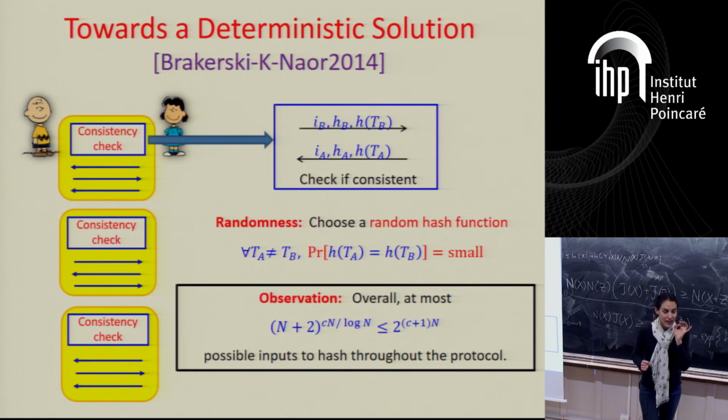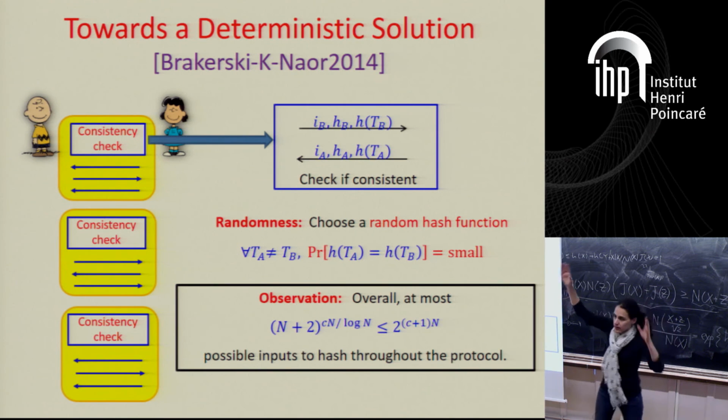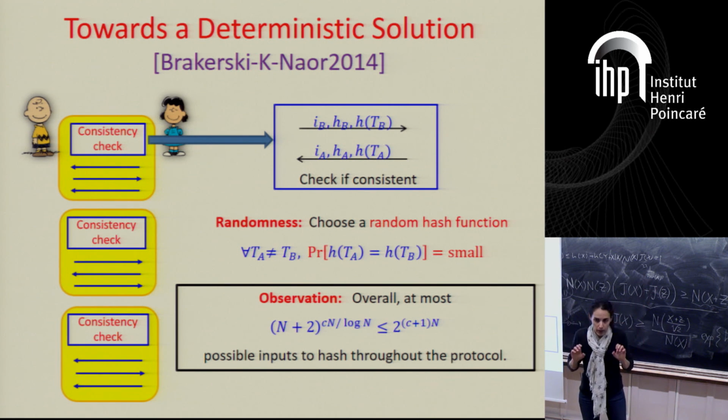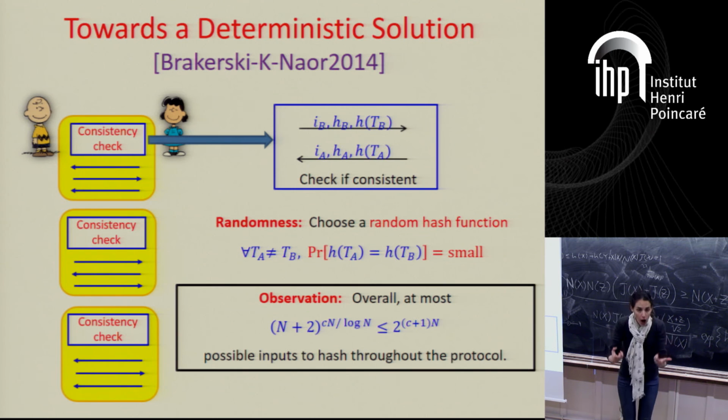It's not 2 to the n squared, it's only 2 to the n. And that's kind of what saves us. So what do I mean by there's only 2 to the n? Fix the input x and y. The adversary can cause us to compute the hash function about n over log n times throughout the protocol.